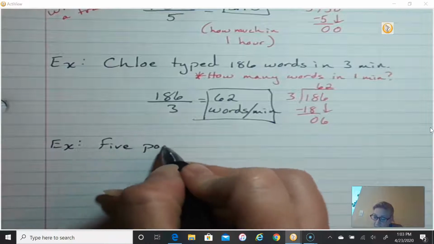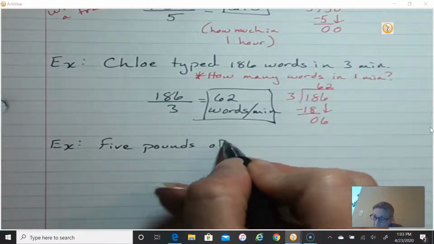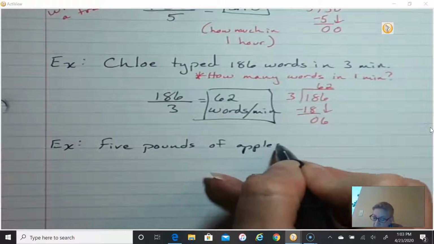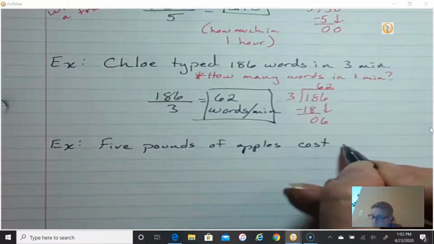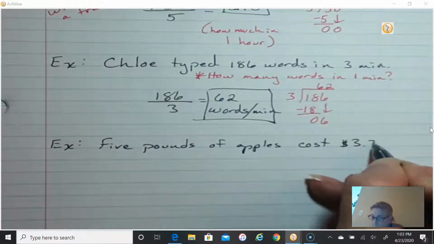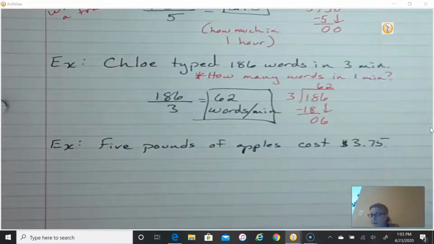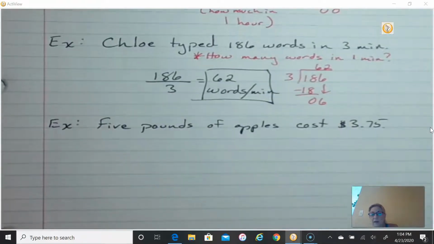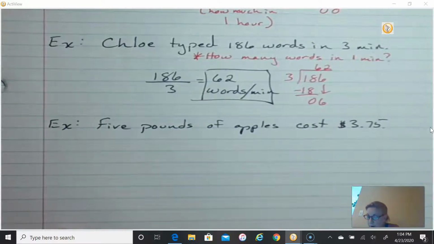5 pounds of apples cost $3.75. That's all they tell you. And they want to know what is the unit price for, or the unit rate for that. Well, they're wanting to know how much for 1 pound.